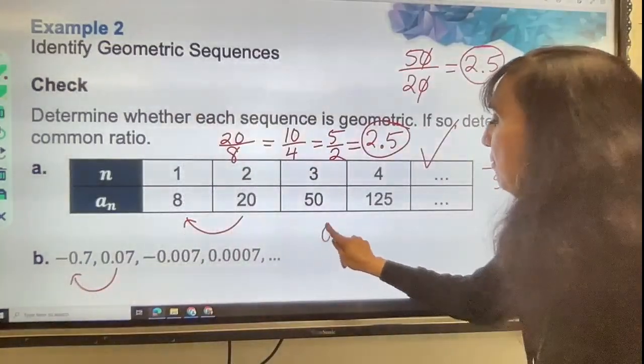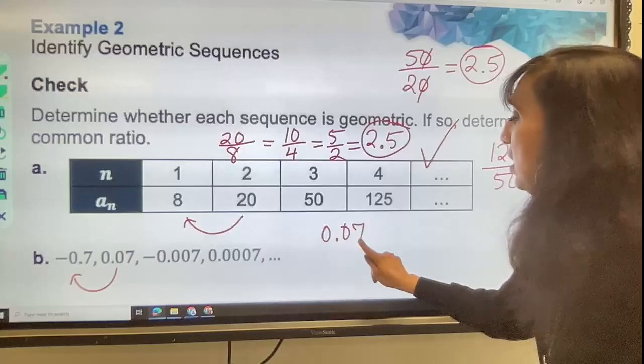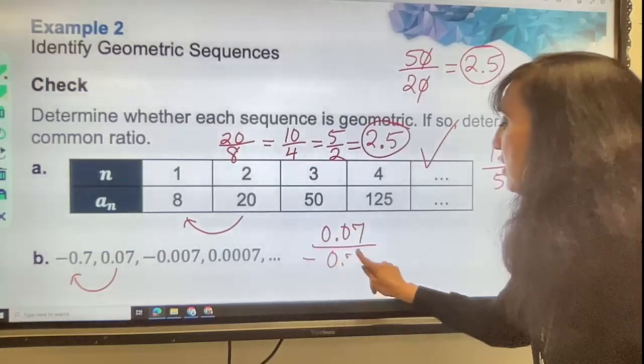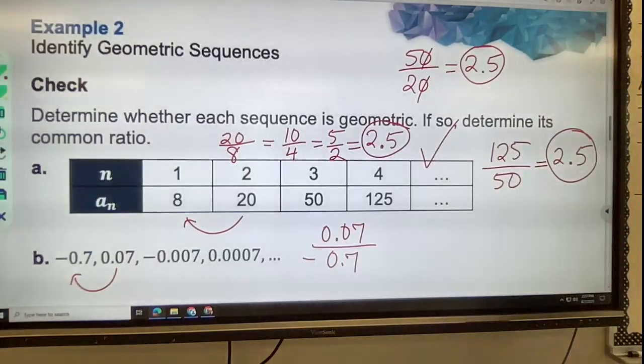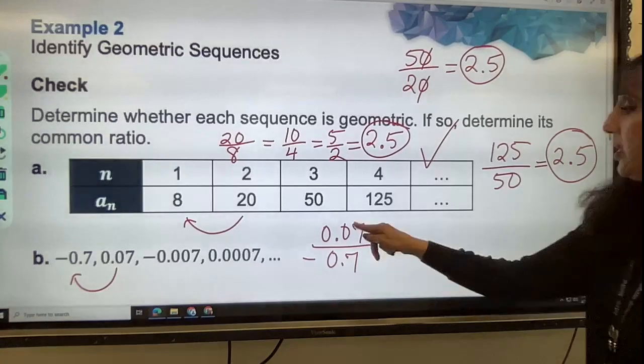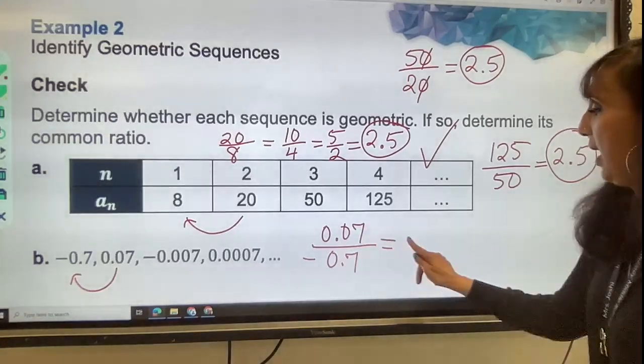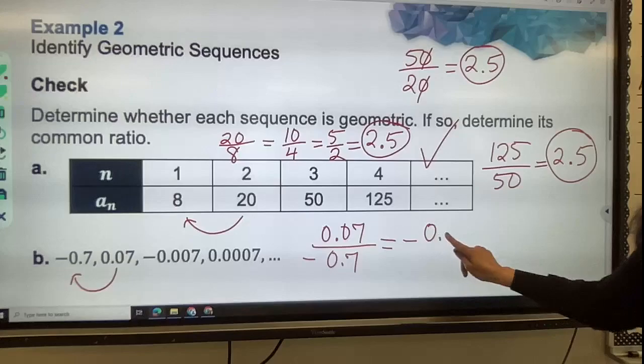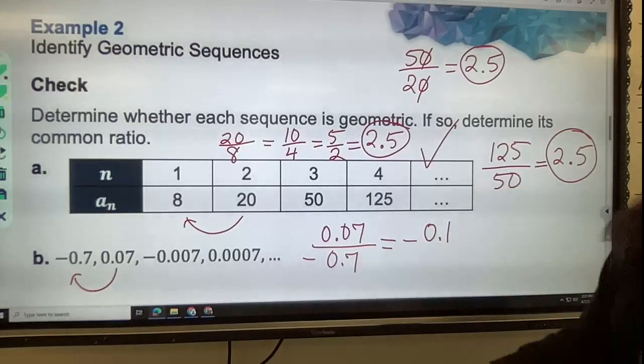So if I have 700 over -7/10, okay, I can see that this is just changing by a negative what? 1/10, right? And same thing over here.